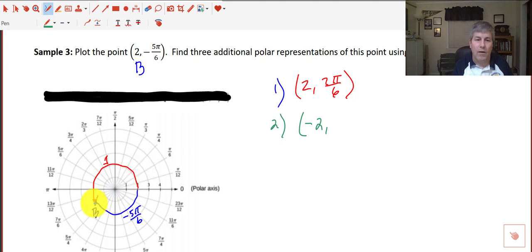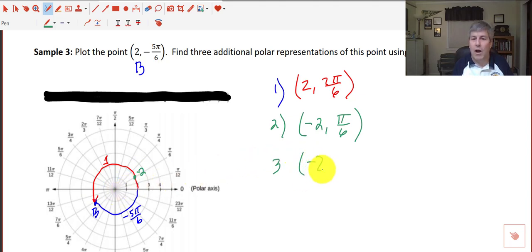So if we're going to go negative 2, we've got to backtrack, if you will, to this point over here, which now is negative 2, pi over 6, which is still really this point B, but we're kind of viewing it here, but we're really located at B. We're just going negative 2 units, and we end up at pi over 6.